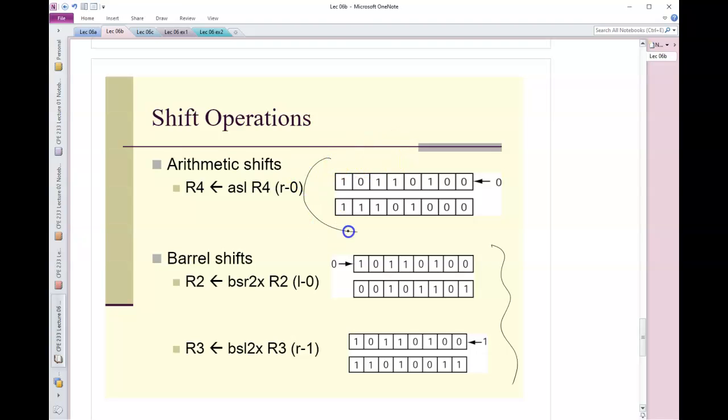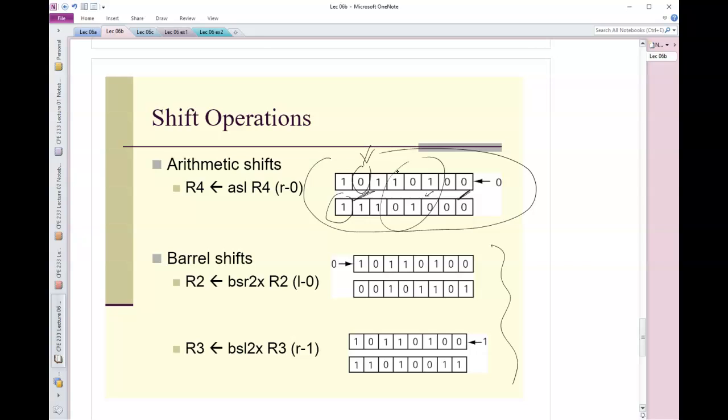The other notion here is arithmetic shifts, and these are shifts that protect the sign bit. So in an arithmetic shift, and this happens to be an arithmetic shift left, I retain the sign bit, and it's actually this bit that I lose. So you can see that these bits are the ones that are shifting over in this arithmetic shift.